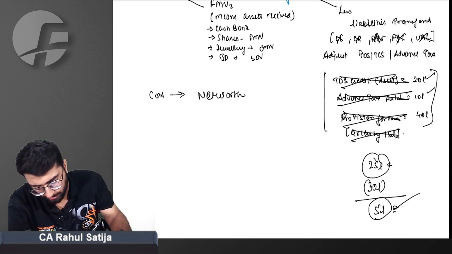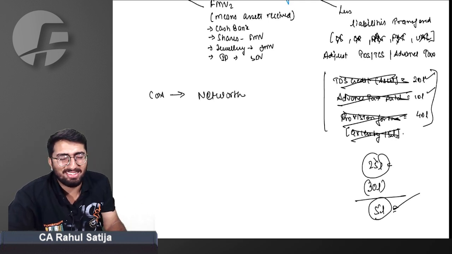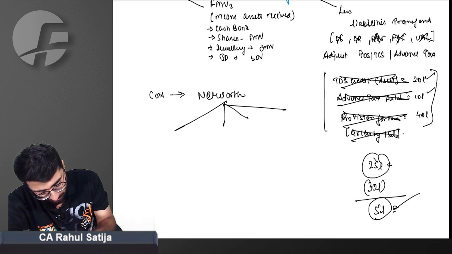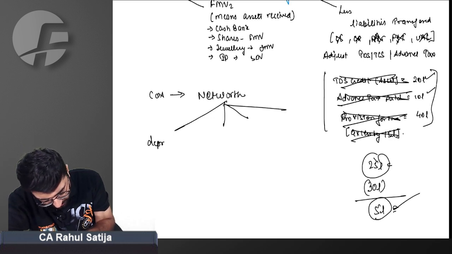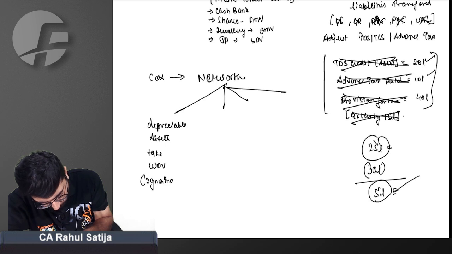Cost of acquisition, net worth. How is net worth calculated? A thing cannot be simpler than this. Just have a look. Depreciable assets: take WDV, ignoring revaluation.